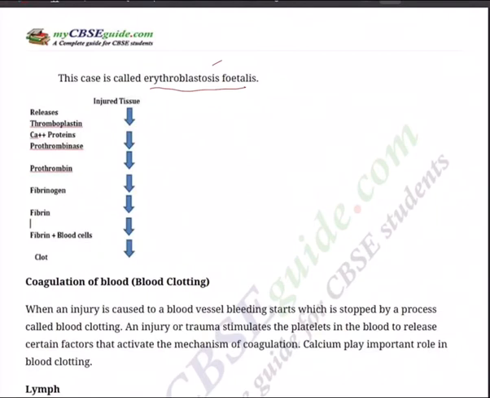And what about blood clotting? Blood clotting at the site of an injury, like whenever you are playing games or doing some work, accidentally an injury may take place. And what is the common observation? When injury takes place, blood starts oozing out. But also you must observe that after say 1 minute or 30 seconds, the blood stops oozing out.